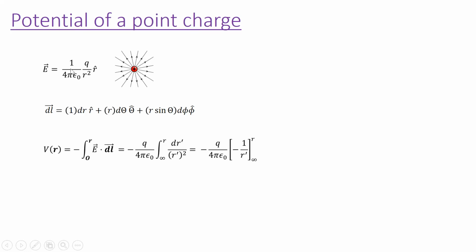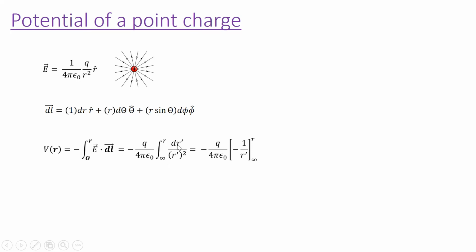And if we look at E, it only has an R hat component. So E dot dl only picks up this dr. We have a negative sign. So grouping terms, we have Q over 4 pi epsilon naught times the integral of dr over R squared.